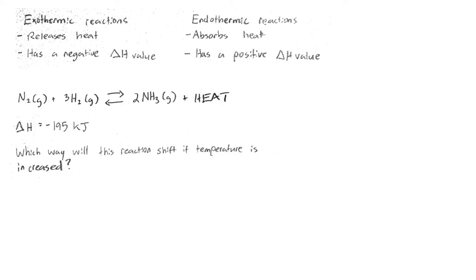Now, on my earlier slide about the general rules of concentration changes, do you remember which way a reaction shifts if we increase the amount of product? Hopefully, you said to the left or to the reactant side. We would see the opposite happen if the temperature was decreased, because that would mean less products.